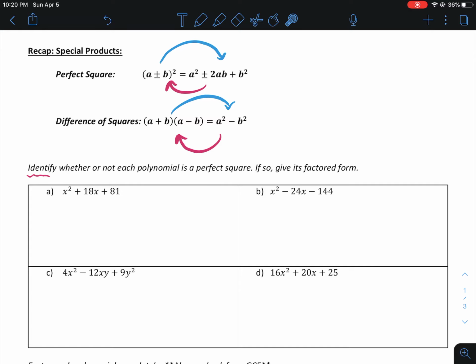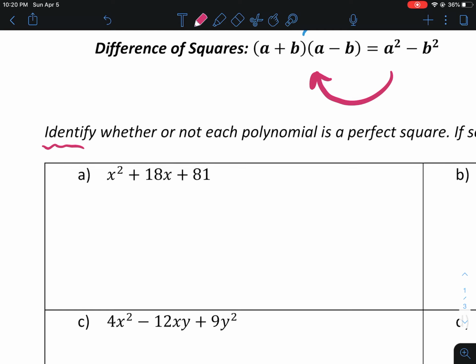When we look at this x squared plus 18x plus 81, we're checking, does this correspond to a squared plus 2ab plus b squared? And we know it's the plus because we see the plus here. So if we can identify a and b, then we can say this is going to factor to (a plus b) squared.